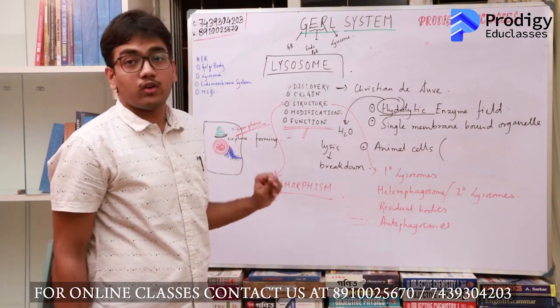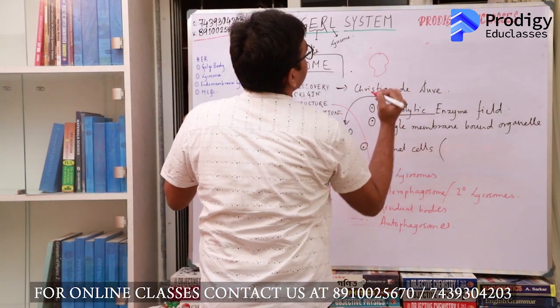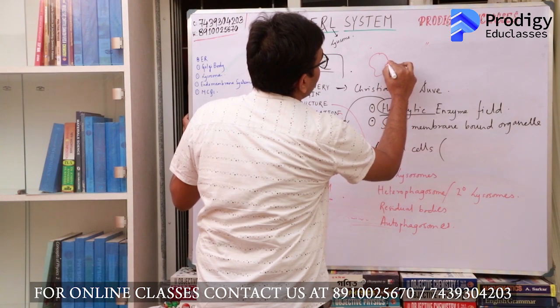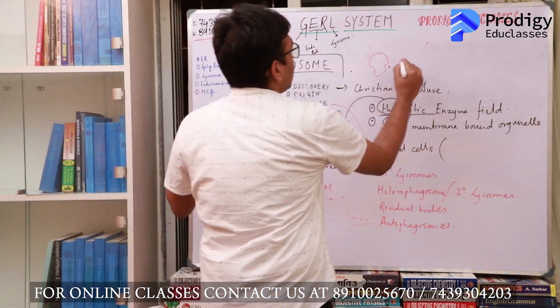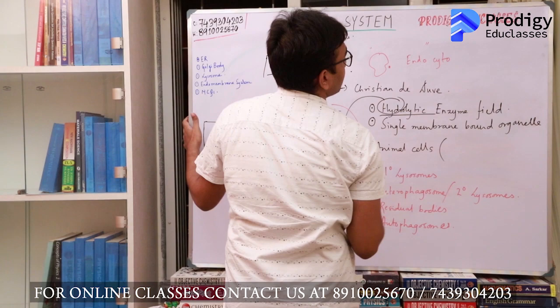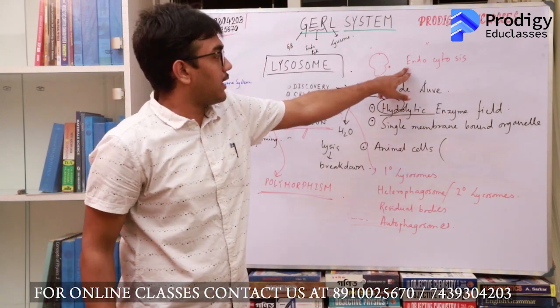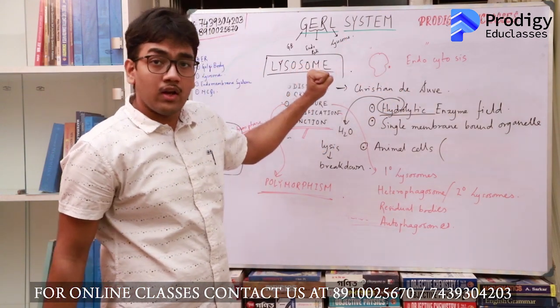Next come the heterophagosomes. When an animal cell has a food substance outside, the cell is capable of engulfing it through a process known as endocytosis. So the cell will take part in endocytosis and will engulf this foreign particle within it.